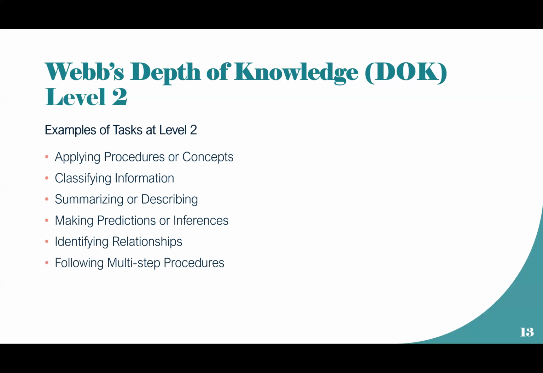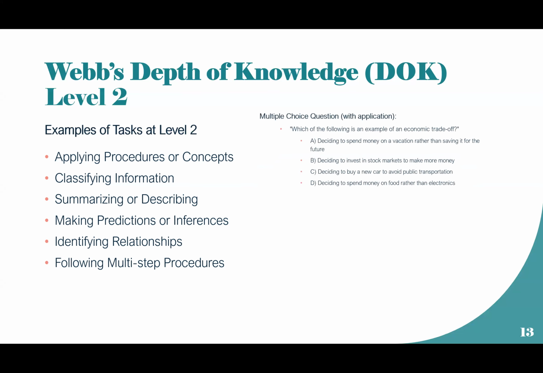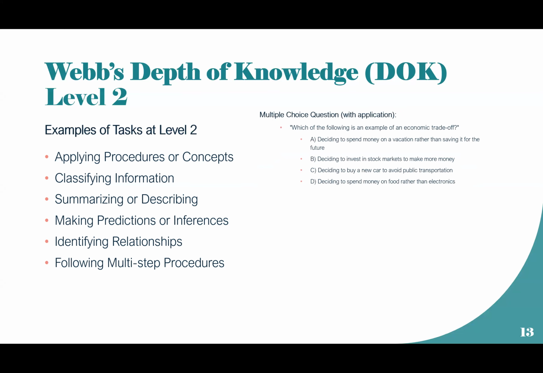If we look at level 2 tasks given here, we will clearly see that the cognitive skills required at level 2 are application, interpretation, classification, comparing and contrasting, and reasoning. Let's look at some of the examples of level 2 tasks.